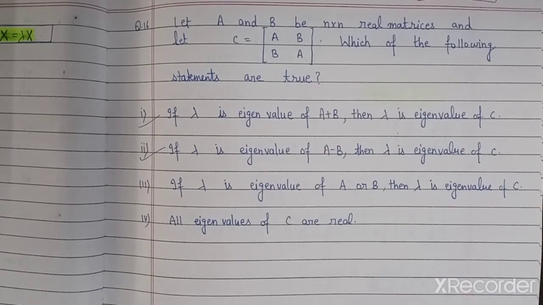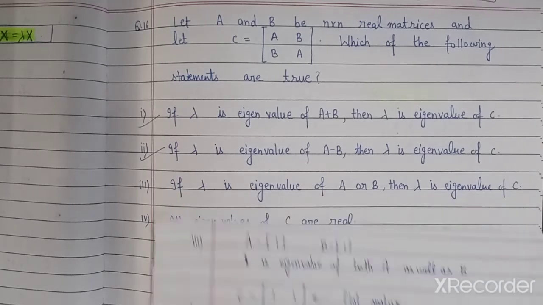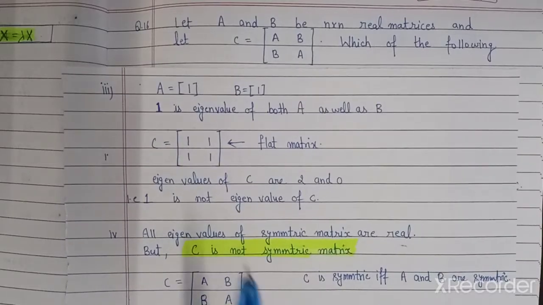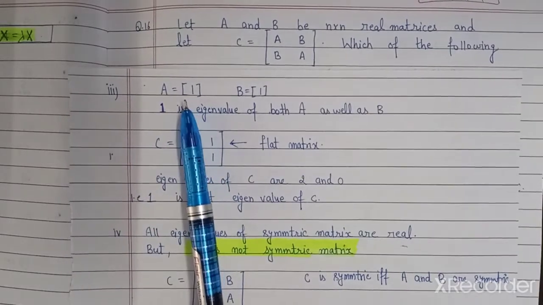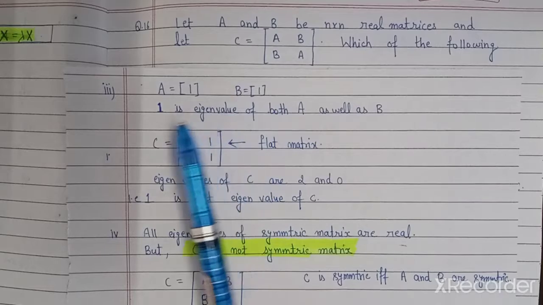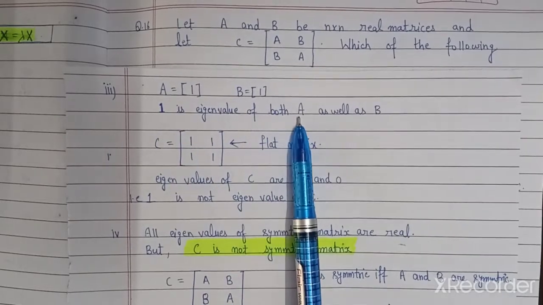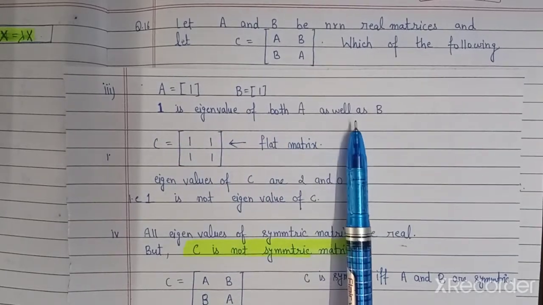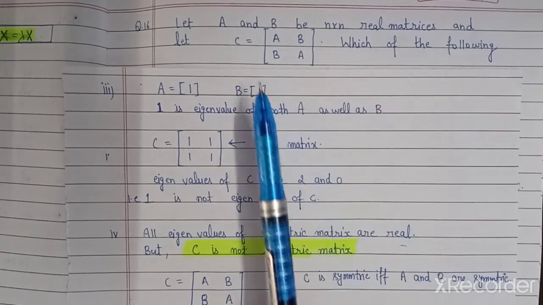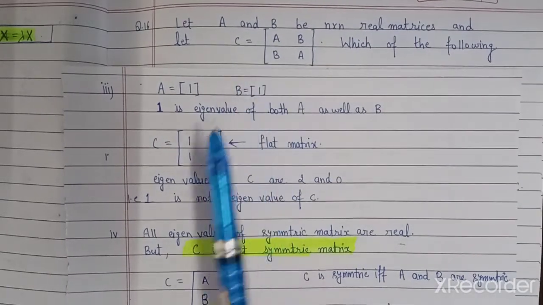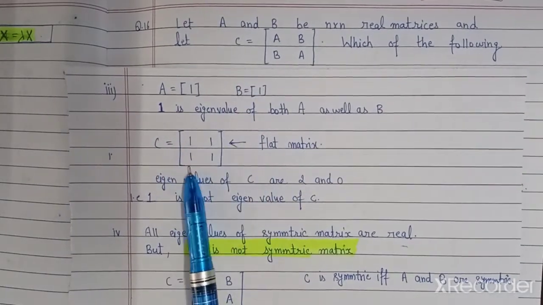For option third: if lambda is an eigenvalue of A or B, then lambda is an eigenvalue of C. To discard this option, we take a counterexample. A is a 1 cross 1 matrix, B is also a 1 cross 1 matrix. 1 is an eigenvalue of both A as well as B. By the given format of C, we write C as [1 1; 1 1].